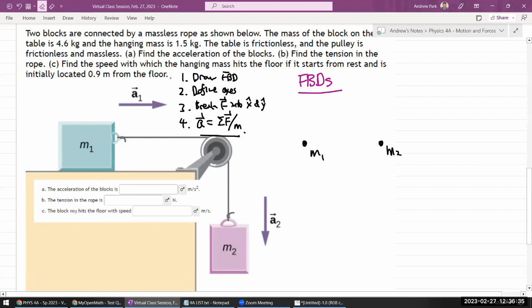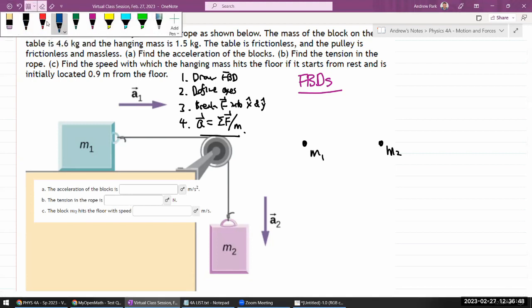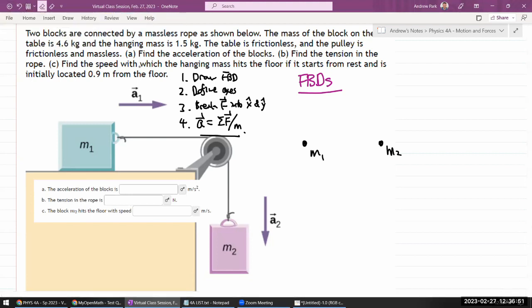So as you draw free body diagrams, this is what you should be doing. You should draw the forces that you know are there and then ask yourself the question, did I draw all the forces? So let me start out with a few forces that I think should be there. There should be gravity. There's always gravity. And since in this picture I see strings attached, there are going to be tension forces.